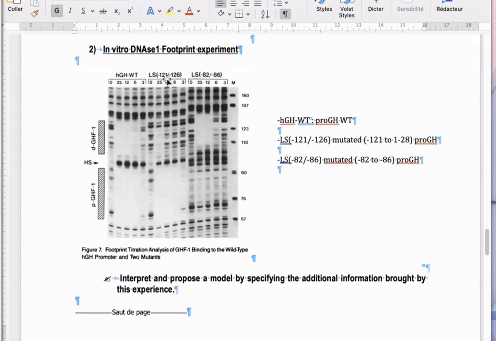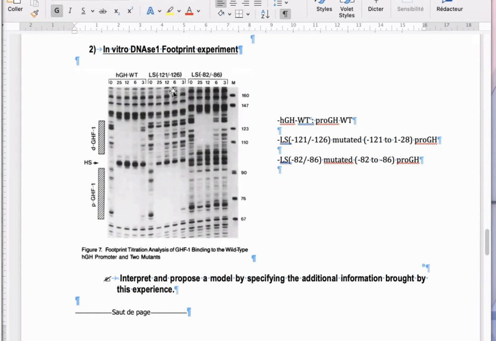So let's take, for example, the lane labeled 12, which means 12 micrograms of protein, so we can make comparisons. If we are in the wild type promoter sequence, when we use 12 micrograms of protein, the blue can bind and the red can bind. You agree?